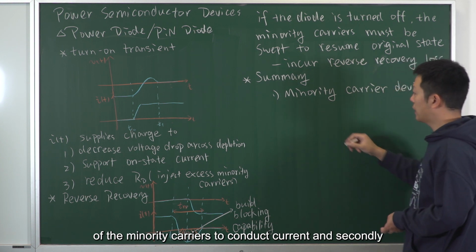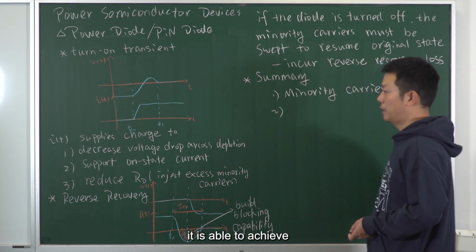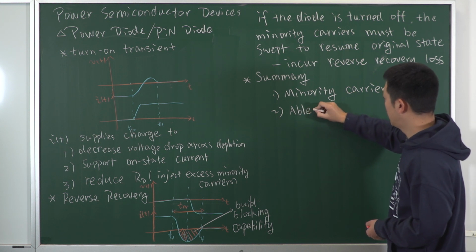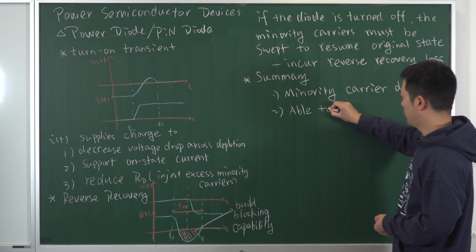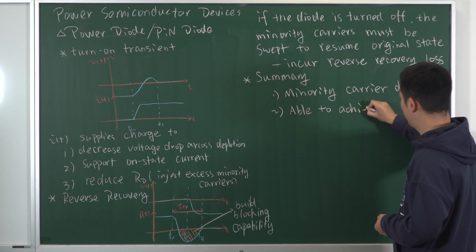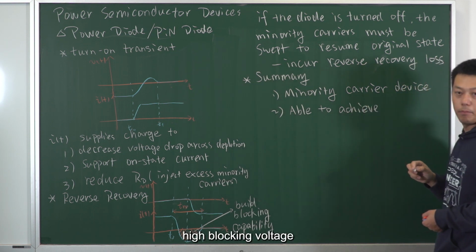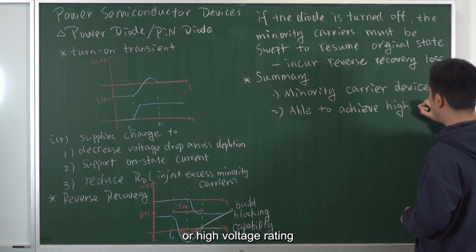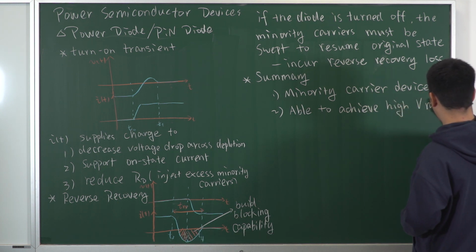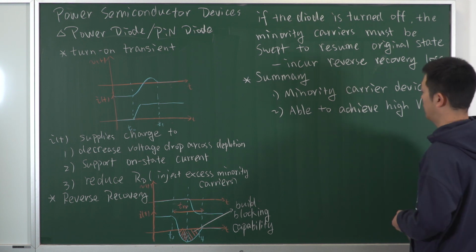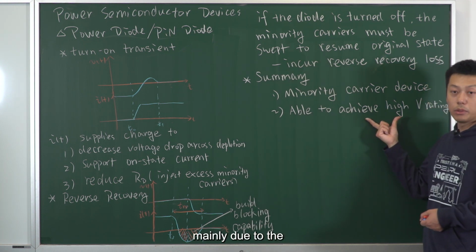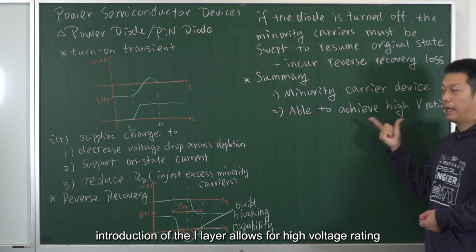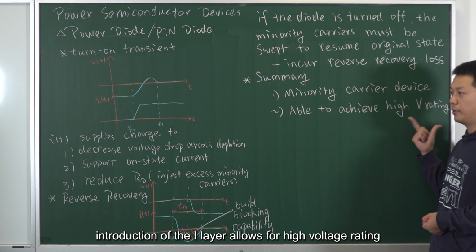Right? And secondly, it is able to achieve high blocking voltage, or high voltage rating, mainly due to the introduction of the I layer. Right? The I layer allows for high voltage rating.